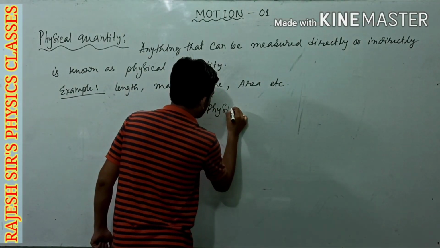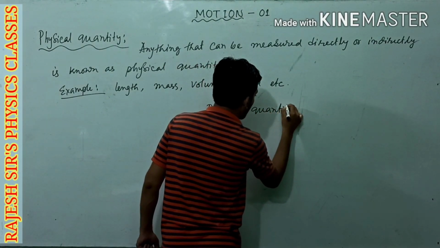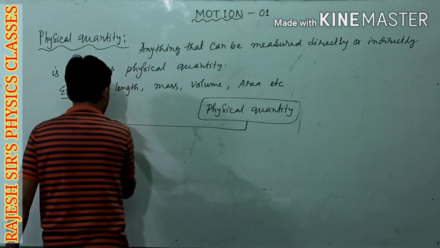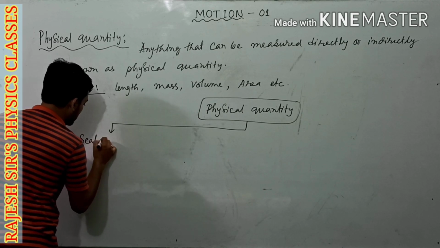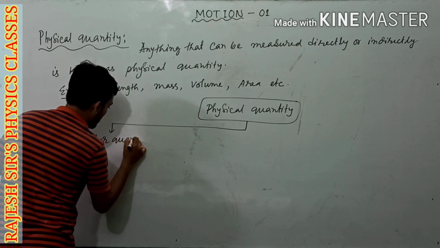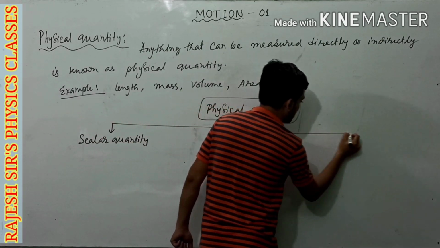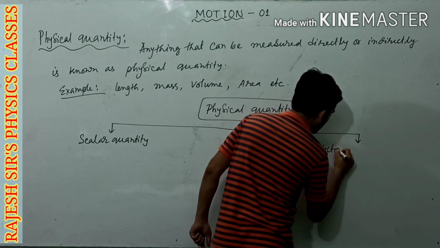Physical quantity. It is of two types. One is scalar quantity and another is vector quantity.